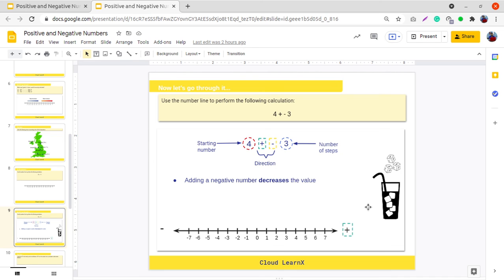The temperature drops, right? I think that's a really nice way to get the student to think about negative numbers and positive numbers and what happens to the value, associating it with something in real life.